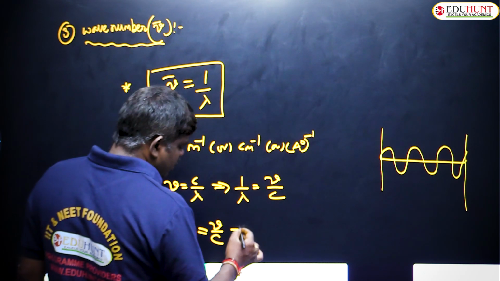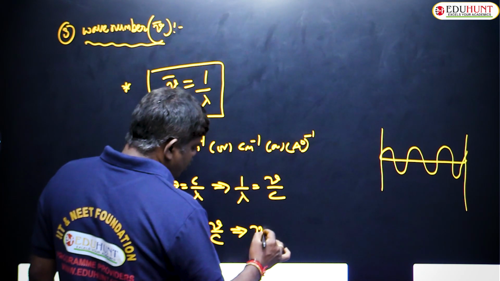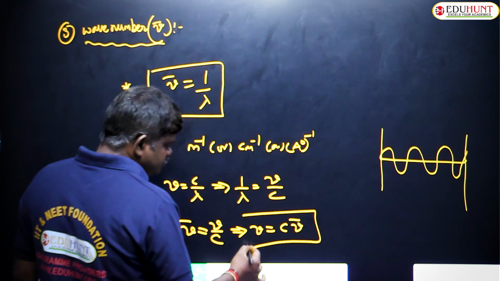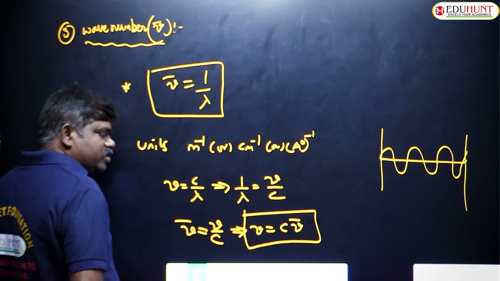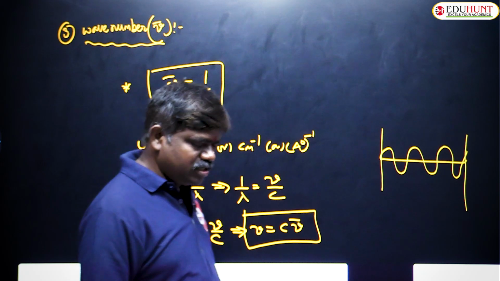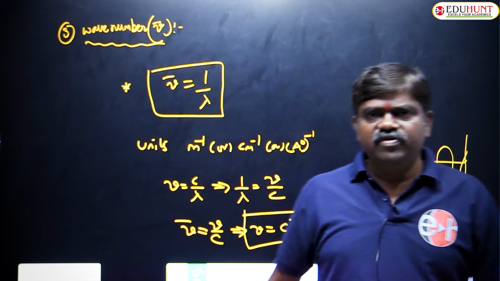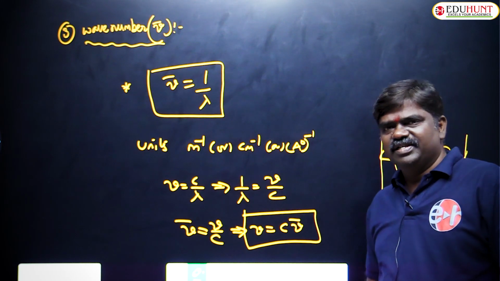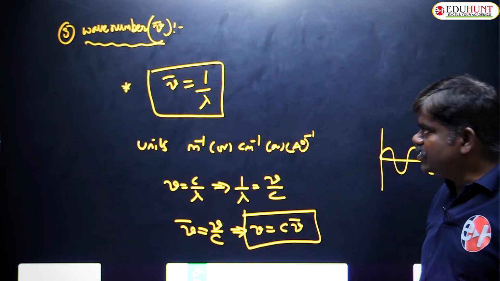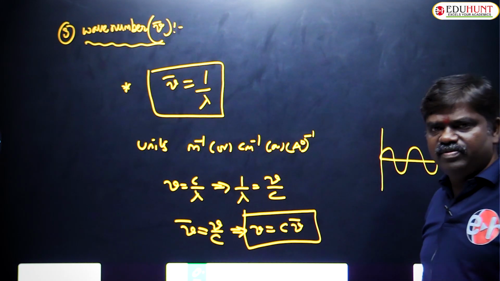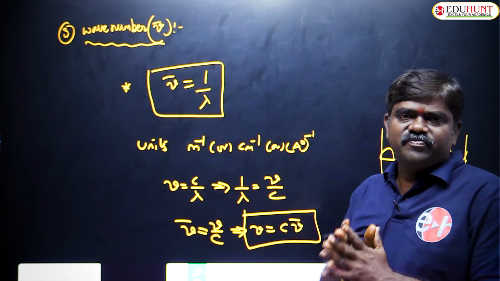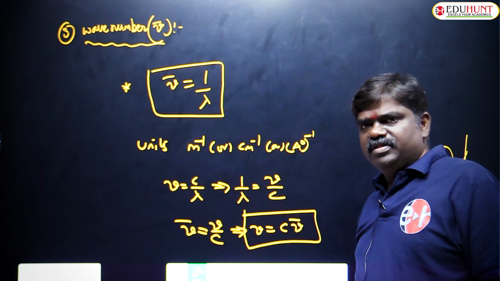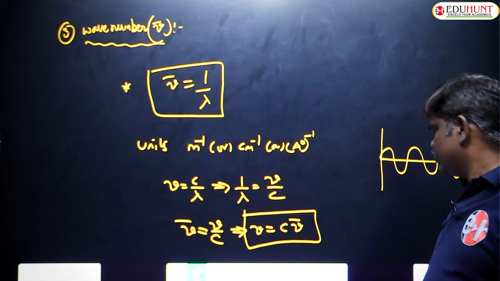Then nu is equal to c into nu bar. So frequency is directly proportional to wave number. This is about wave number: the reciprocal of wavelength is known as wave number.